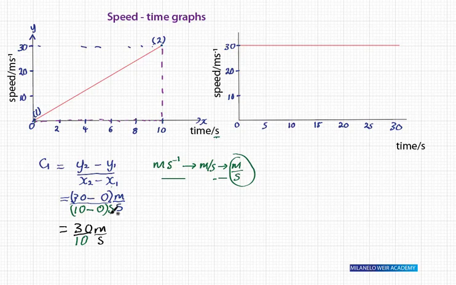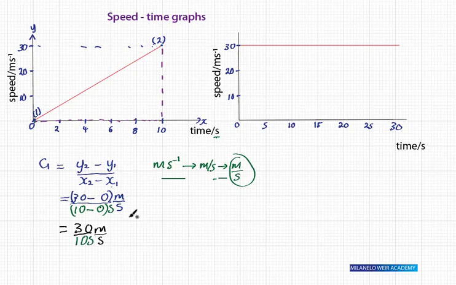But the units, remember, I can't leave them out. They're still there, right? That's it. So what do we do from here?